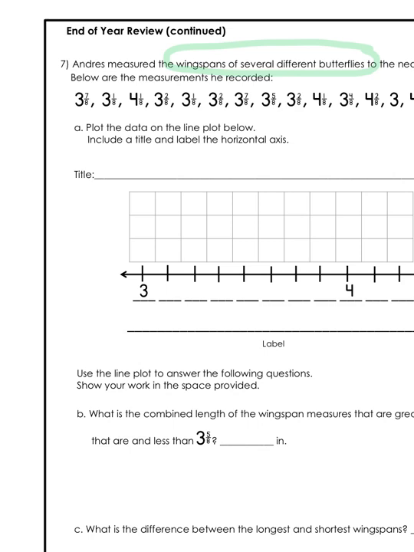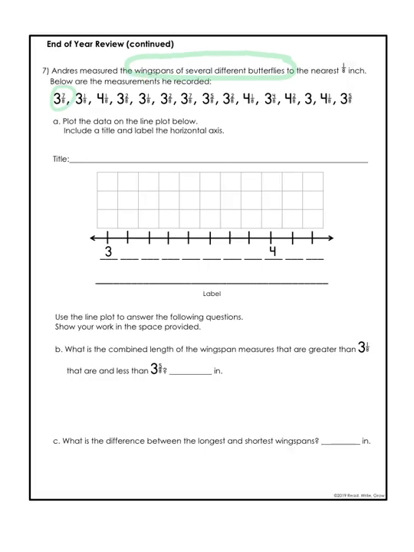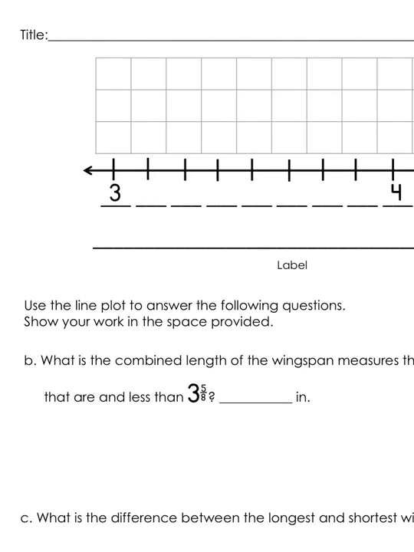So this is how we would go about plotting this out. The first thing we would do is look at the number that's first represented, which is 3 7/8. Now on this number line that you see, we have the number 3 written in for us, and then we have the number 4, and then a bunch of hash marks in between.